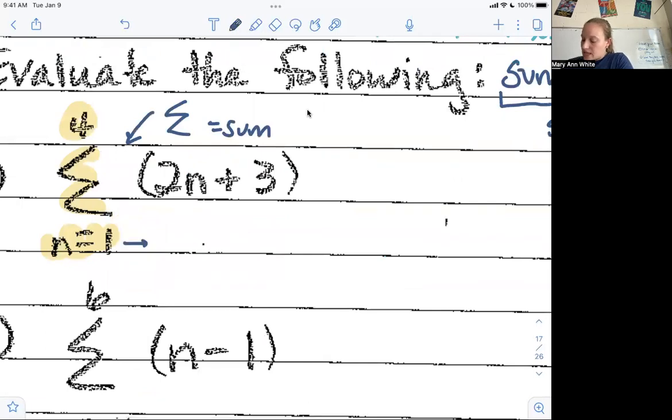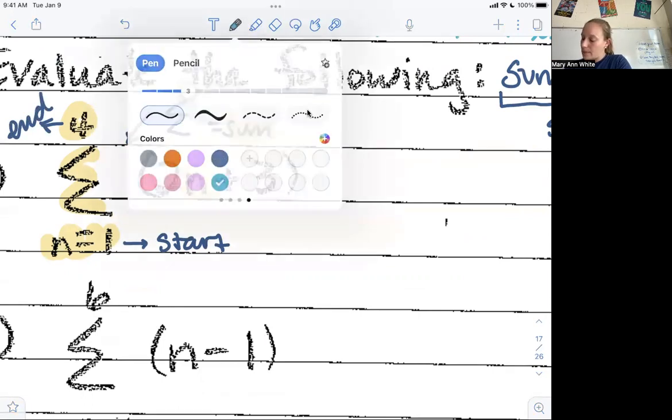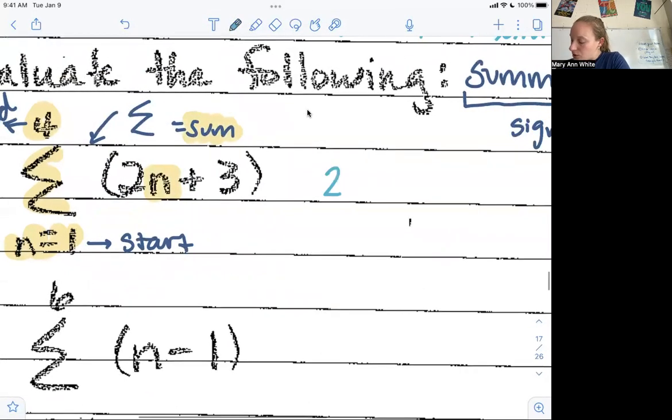What this is saying is that n equals 1 is where you're going to start. You're going to start by plugging 1 in for your n that's in your equation, and you're going to continue doing that, summing those terms until you get to the number on top, which is the end. So we're going to do it one piece at a time. We'll do 2 times 1 plus 3. That's one term. You plug 1 in.